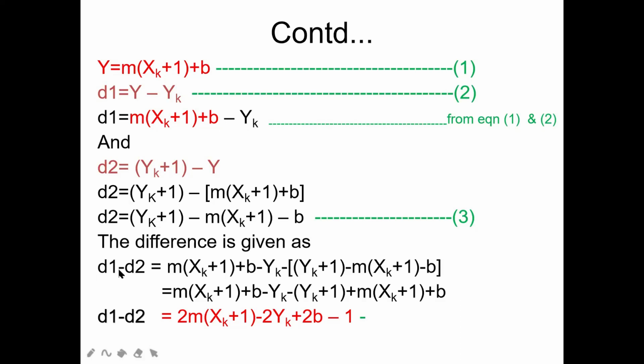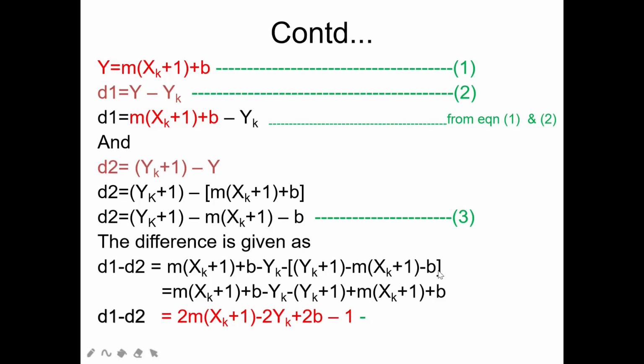This different sign or minus sign, I'm giving it over here. Then the d2 value, I'm keeping everything in one bracket: yk plus 1 minus m(xk+1) minus b.